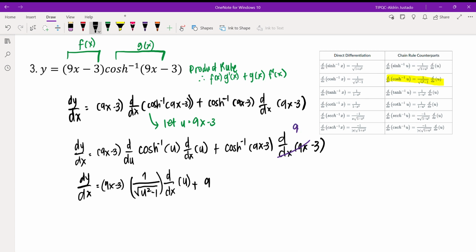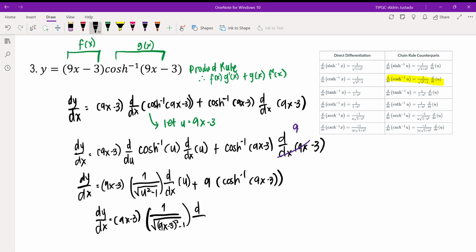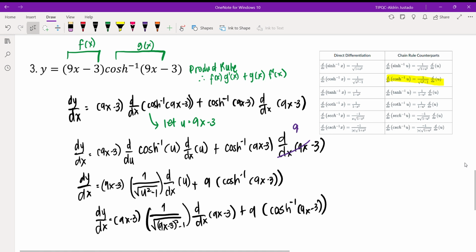So, 9 times inverse hyperbolic cosine of 9x minus 3. Okay? dy over dx is equal to 9x minus 3 times the quantity of 1 divided by square root of 9x minus 3 squared minus 1 times the derivative of 9x minus 3 plus 9 times inverse hyperbolic cosine of 9x minus 3.